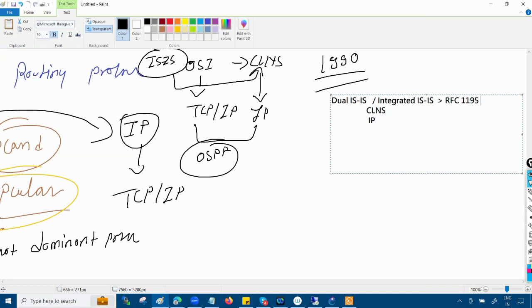Now it has become the de facto in company networks, tier 1 and tier 2 networks, because of its features. Another beauty, if you compare with OSPF: OSPF is a pure IP, or layer 3, protocol. Think about it from a security perspective.